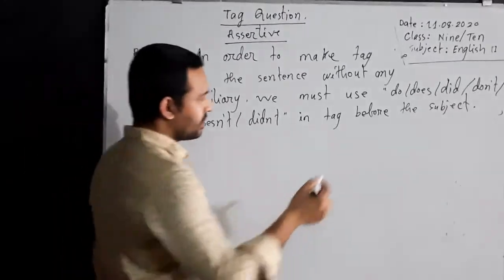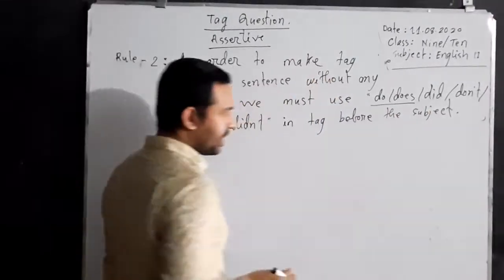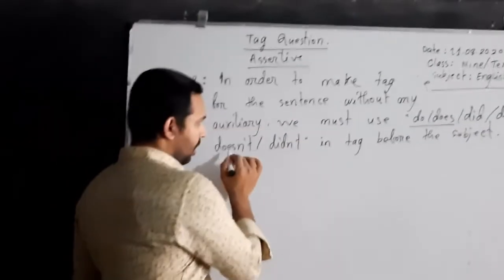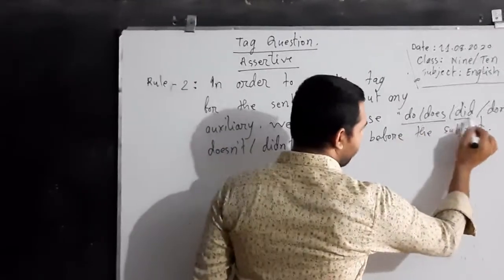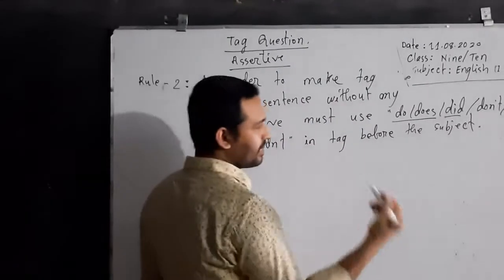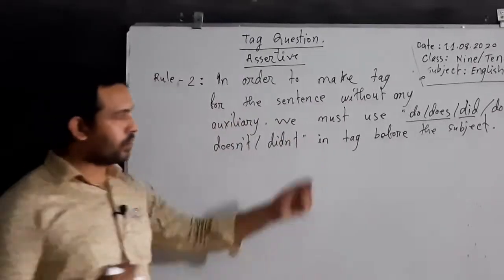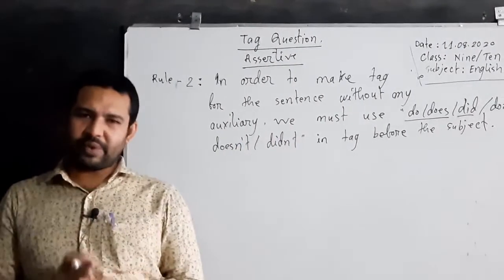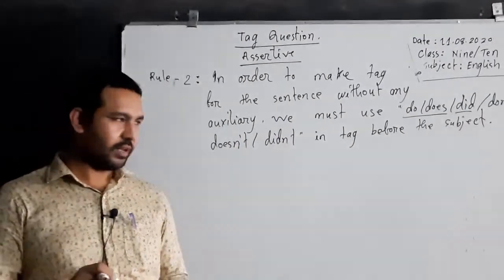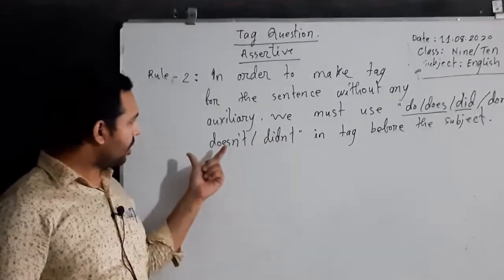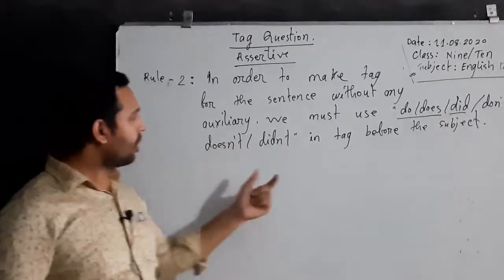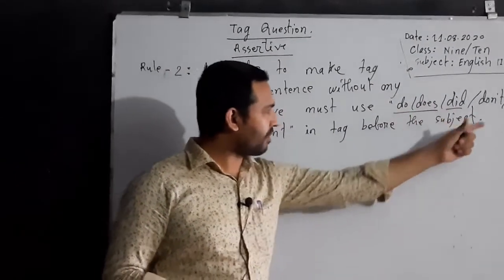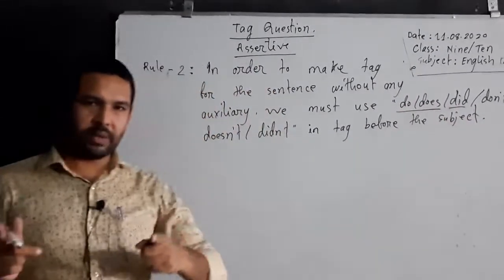If the sentence is in present tense, we have to use do or does. And if the sentence is in the past form, we have to use did. And if the main sentence is affirmative, we can use the negative form. The first rule will be applicable also here.